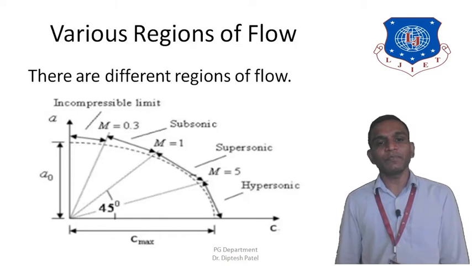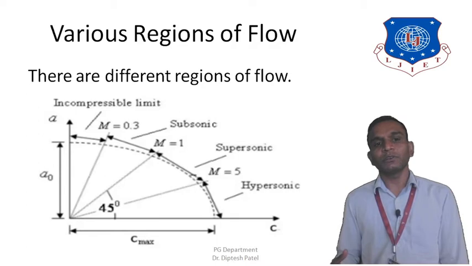In the incompressible flow region, the velocity of fluid is very small as compared to the velocity of sound, and therefore the Mach number is below 0.3.